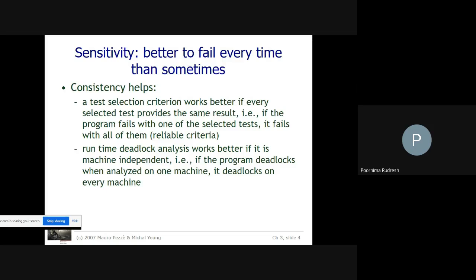Applying the sensitivity principle at the design level means we are changing the way in which the program fails. Whenever we are designing the software, or the program, or when we are in the design phase, we have to apply the sensitivity criteria, and we have to detect and correct the faults. That is applying the sensitivity principle at the design level.